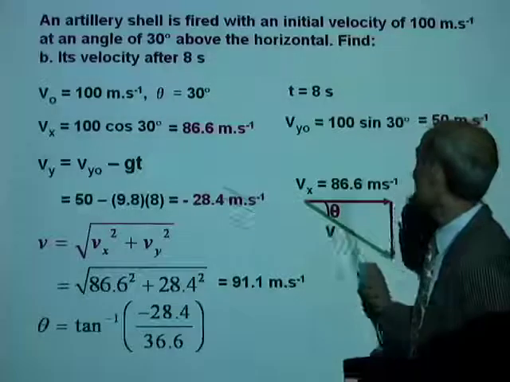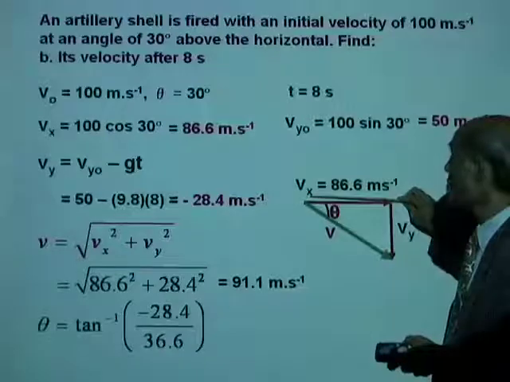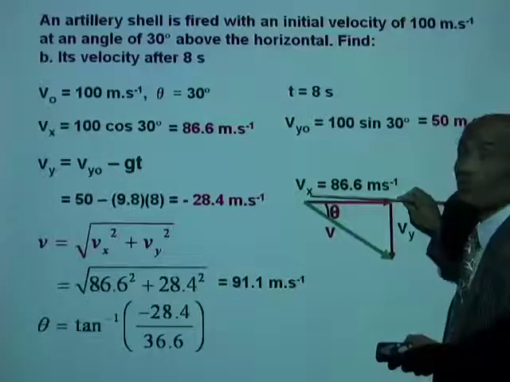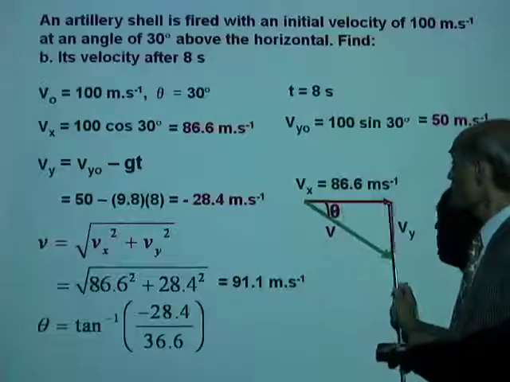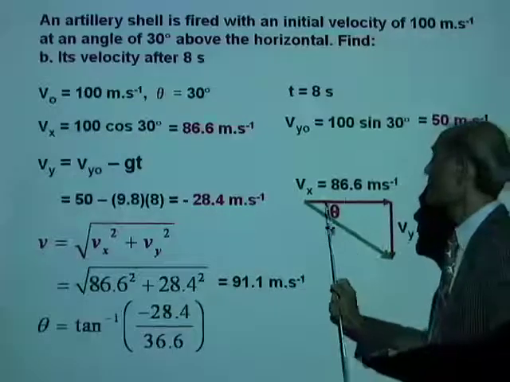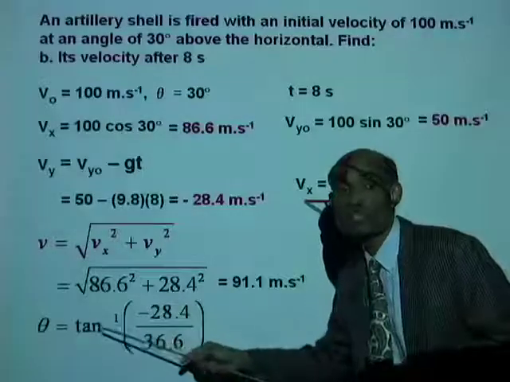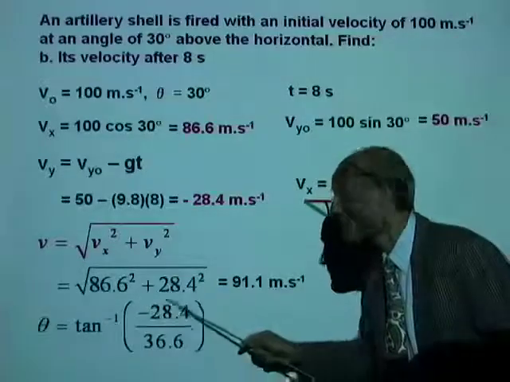No, it will be negative 28.4 divided by 86.6. Is that right? Tan theta is negative 28.4 divided by 86.6, and therefore theta equals tan inverse of that quantity.